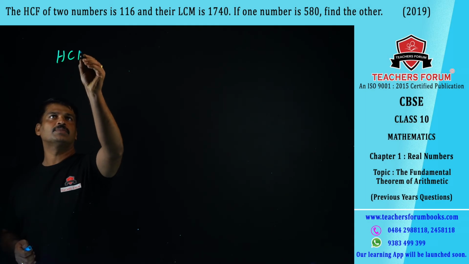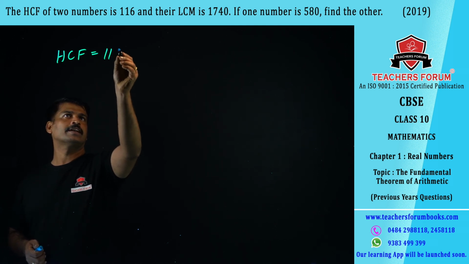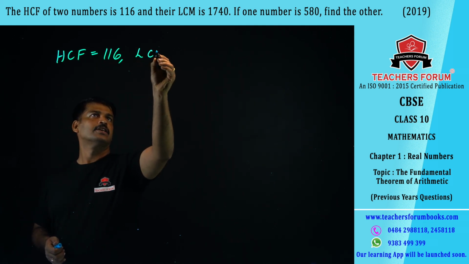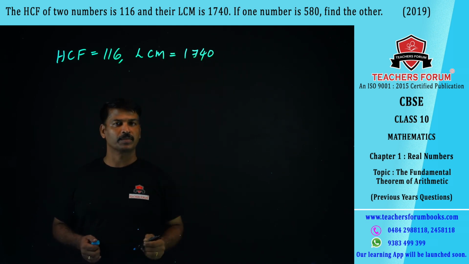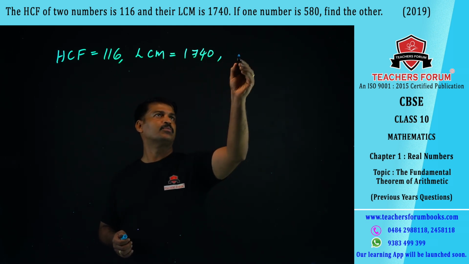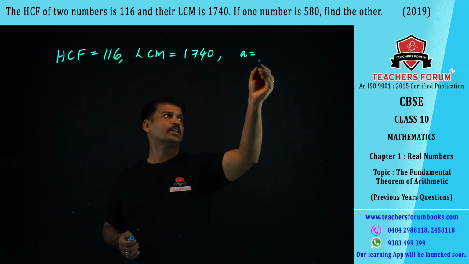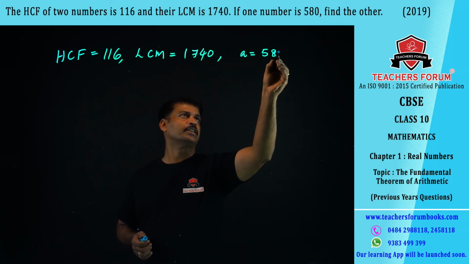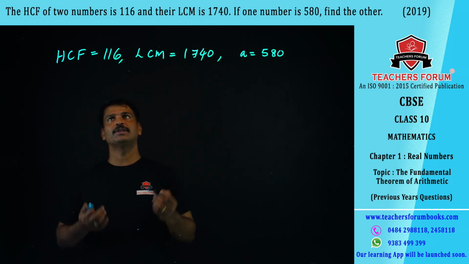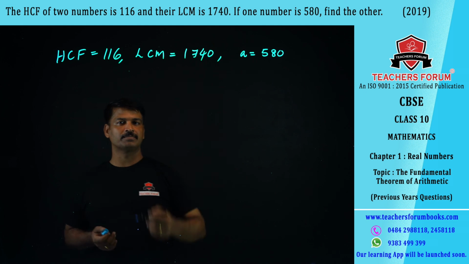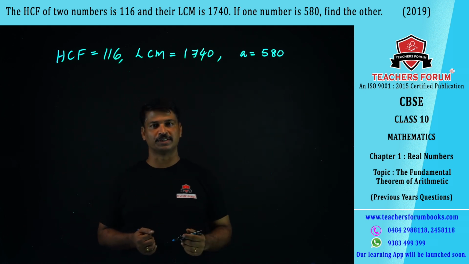HCF of two numbers is 116 and LCM is equal to 1740, and one of the numbers, let it be A, is equal to 580. You have to find the other number. See, you know the relation between HCF, LCM and the product of two numbers, isn't it?